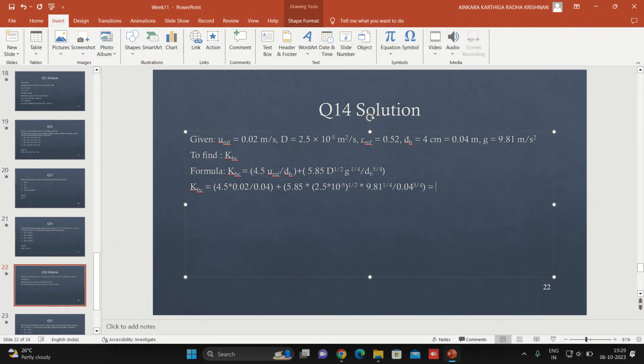So we have substituted all the given things in the formula. Now we'll calculate it and find out the answer.